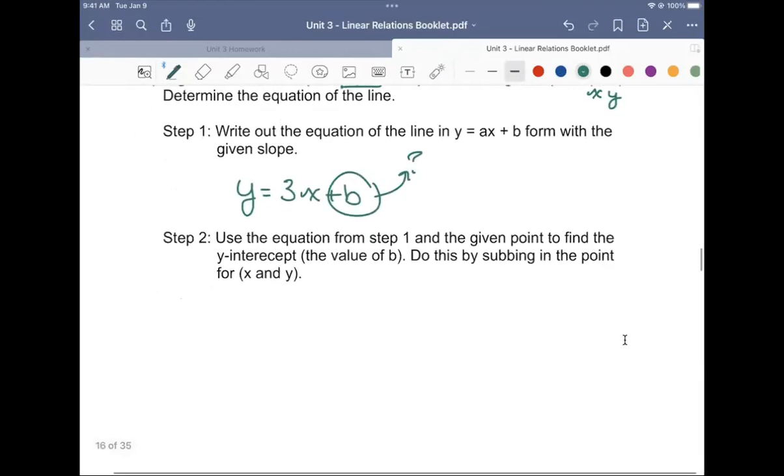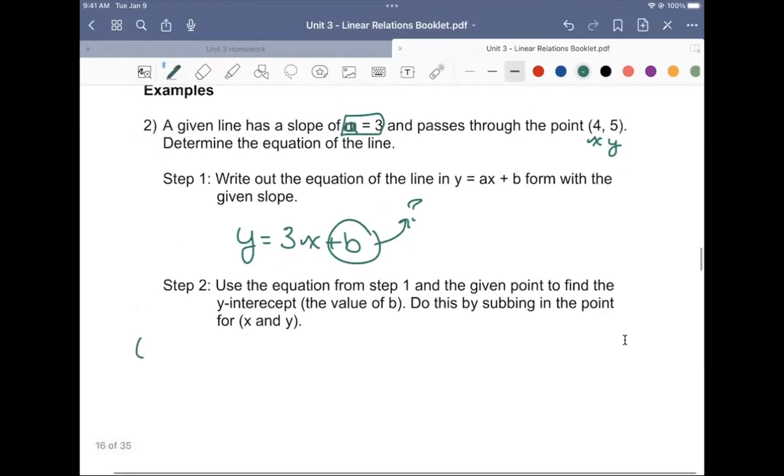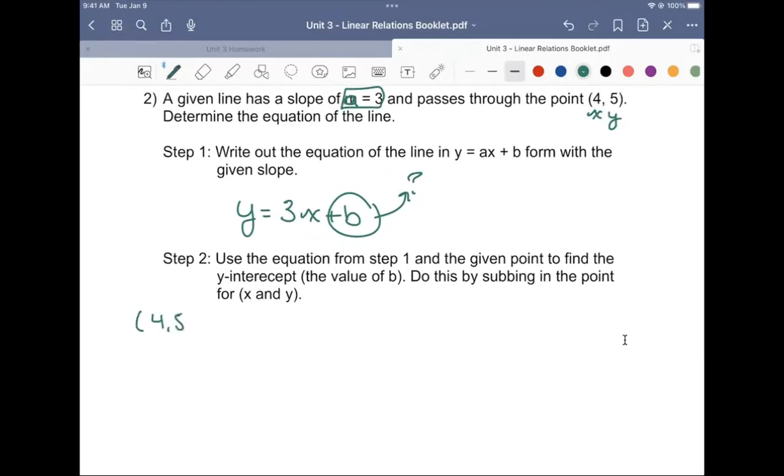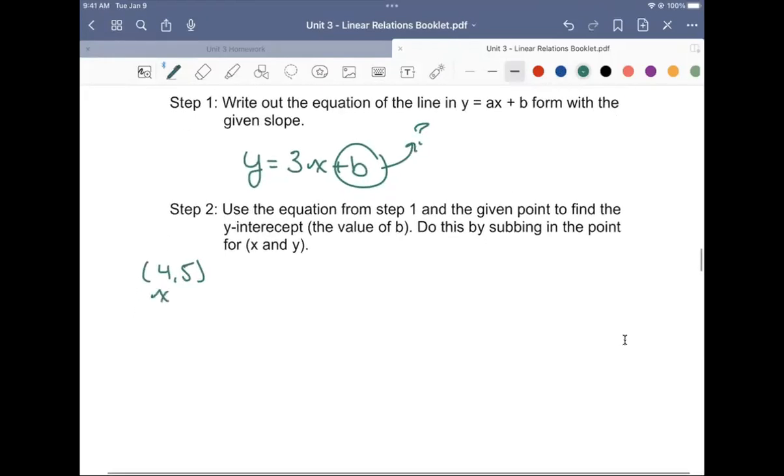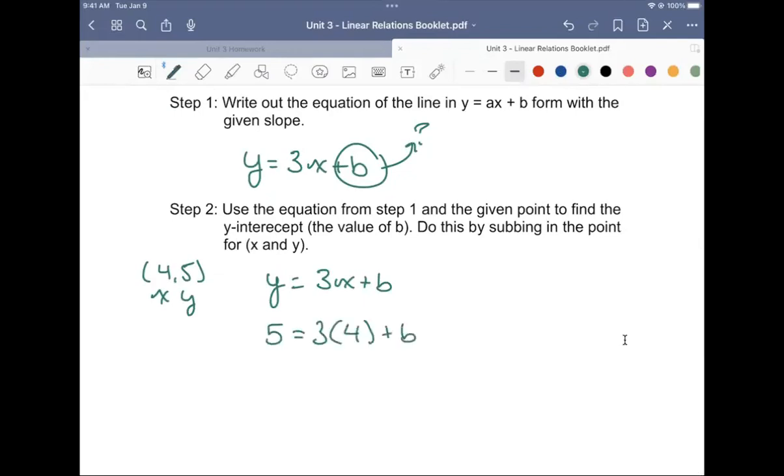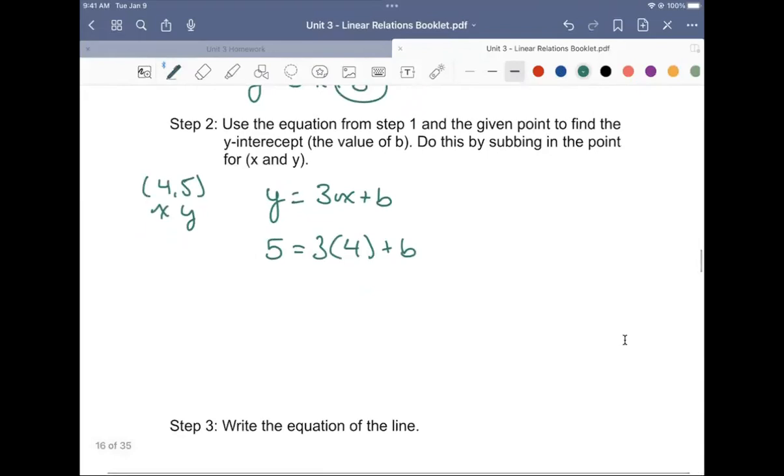So the next step that we're going to do is use that equation and take the point that we have to then isolate b and figure out what my y-intercept is. So based off of this, we have to remember that the point given is 4, 5, where 4 is x and 5 is y. So I'm going to write y equals 3x plus b. I'm then going to substitute in 5 for y. It's equal to 3 times 4 for x plus b. Then I'm just going to rearrange that equation and isolate so that b is on its own.